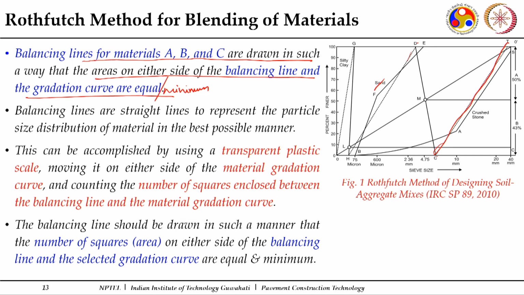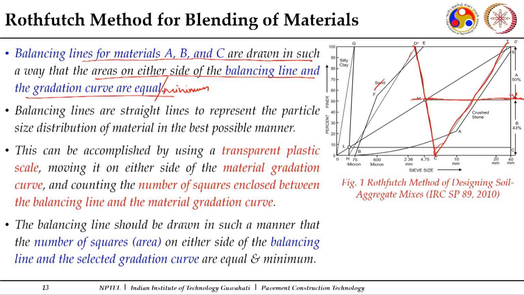Again here, this is the best line for my C material. Now, once you have these balancing lines drawn for your aggregate gradations, you will join the balancing line of one gradation to the other gradation. Here this one is joined. So, this is for A, this is for B. Now, it is joined here, and where it cuts the diagonal, this is marked in this manner.